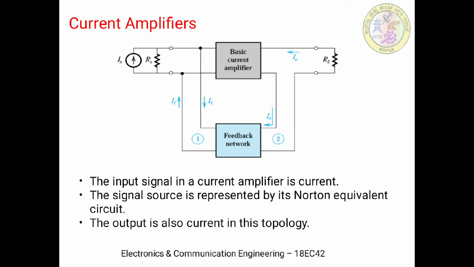I am talking about this particular source, Rs in parallel with the current source Is. Here the output is also current only, that is I0. In the diagram you can see I0. So in this topology, the input is current as well as the output is current.